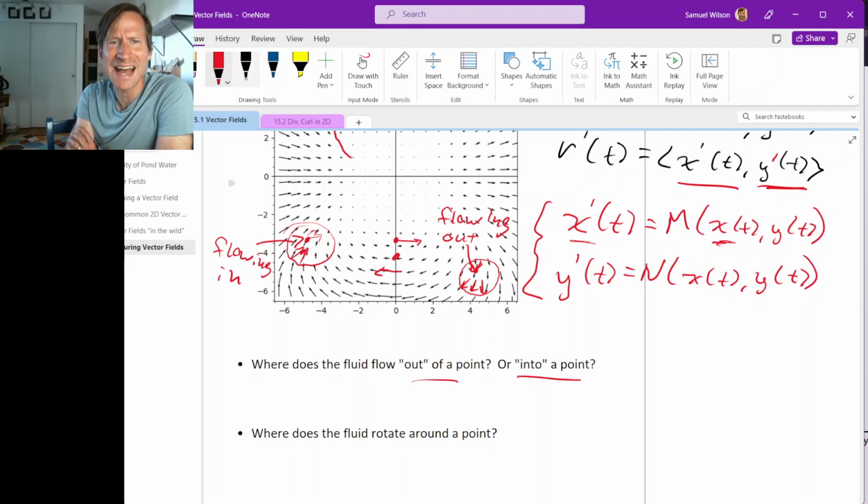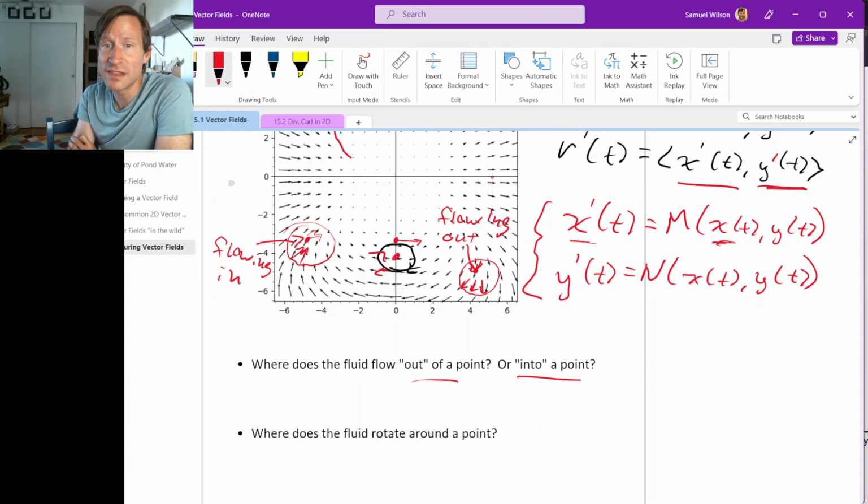And so that means that at this point, this vector field is on average kind of turning this way. Sorry, I misspoke. The vectors below are pointing to the left and the vectors above are pointing to the right. So both of these, the vectors above and below, are contributing to this rotation clockwise around this circle. So it looks like the vector field is kind of turning around this point a little bit.